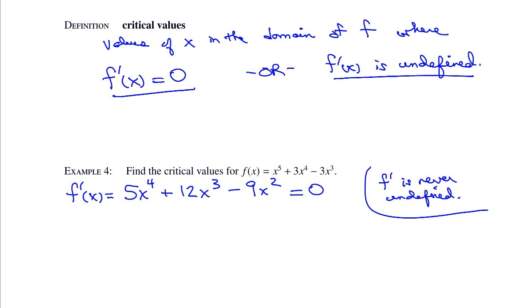So if we need to solve where the derivative is equal to 0, well, we're going to factor out by x squared. That leaves 5x squared plus 12x minus 9.